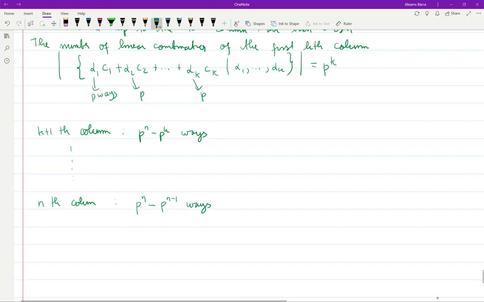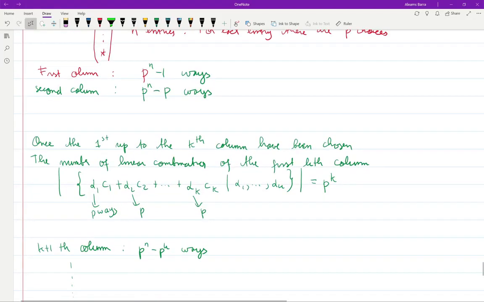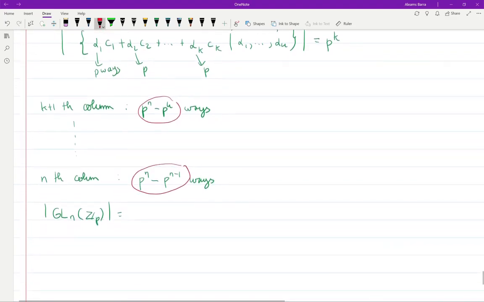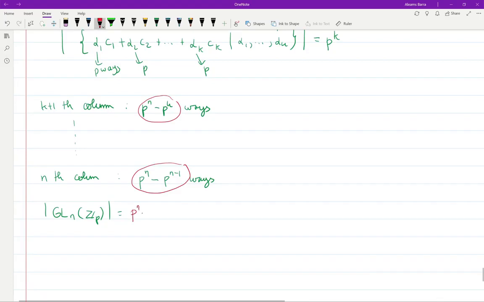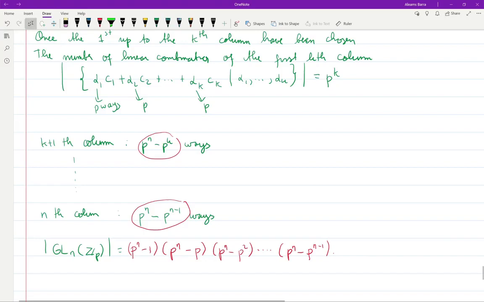So overall, the cardinality of GLn(Zp) is the product of all of these: (p to the n minus 1) times (p to the n minus p) times (p to the n minus p squared), and so on, up to the last one, (p to the n minus p to the n minus 1). So that's the cardinality of GLn(Zp).